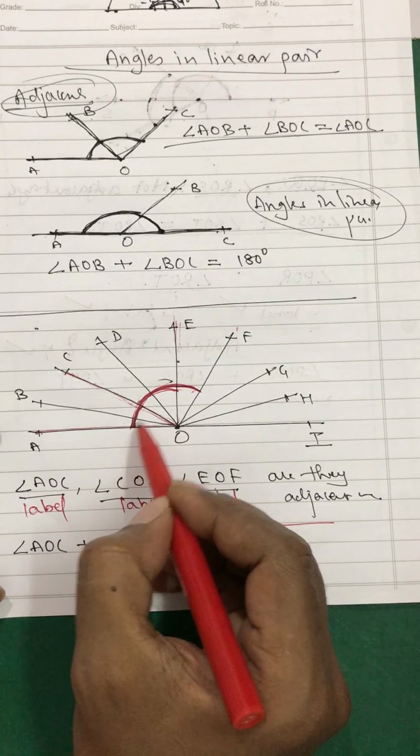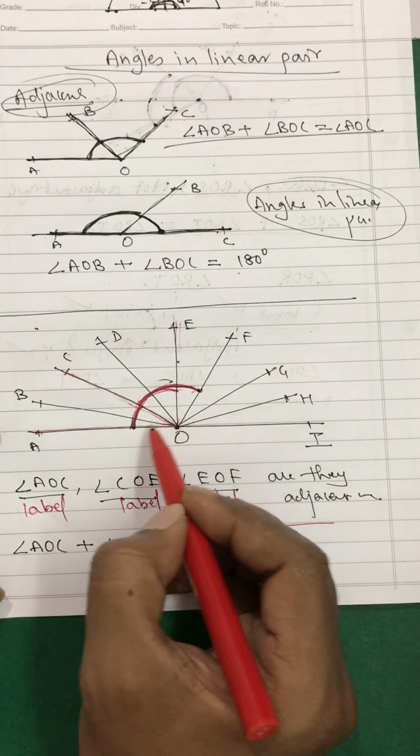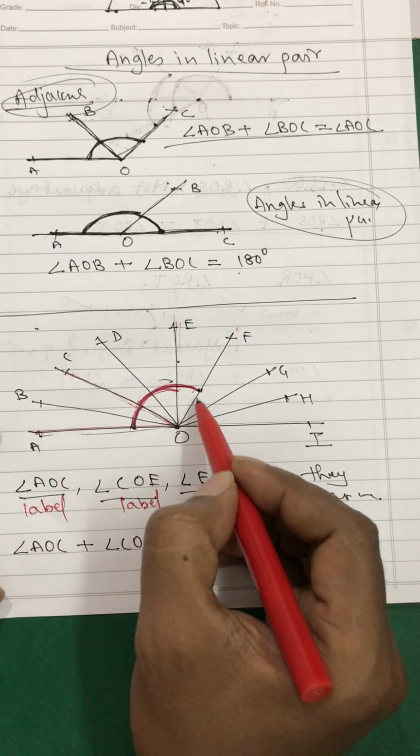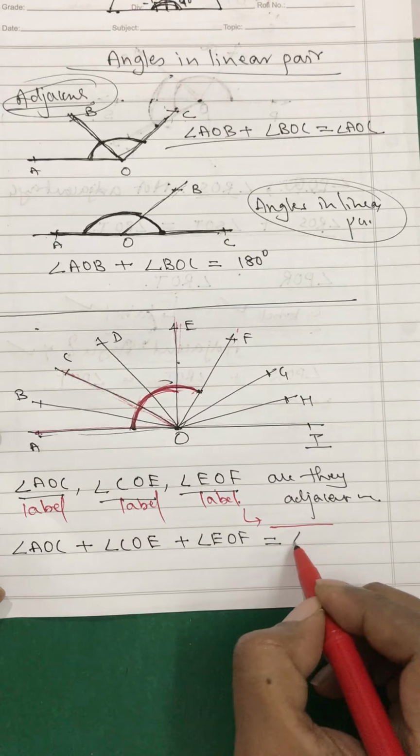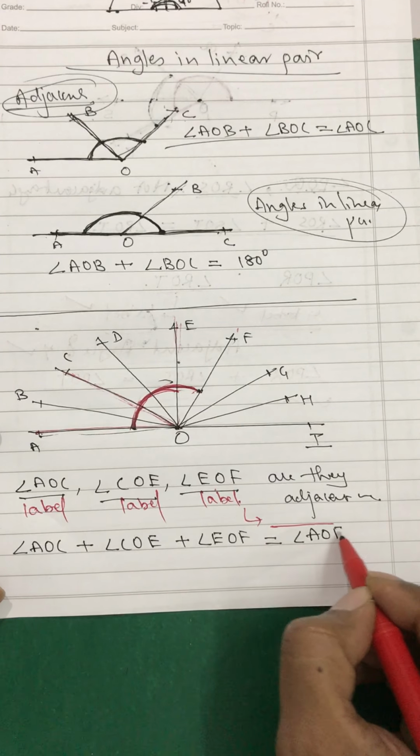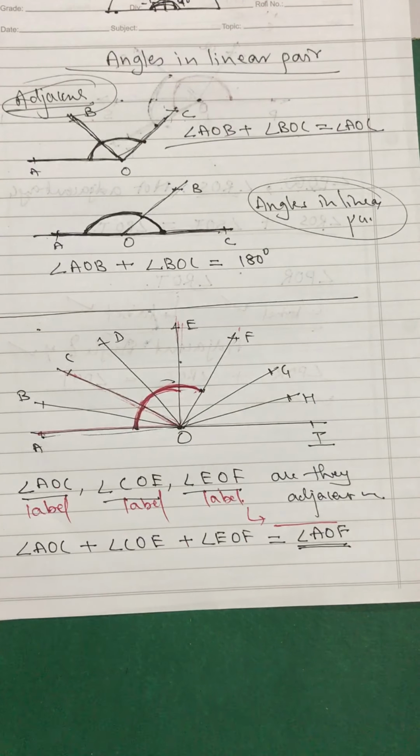The total angle is from here to here, the arms OA and OF, angle AOF. This will be your equation of adjacent angles. The adjacent angles can be any way.